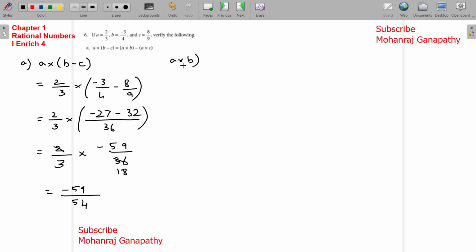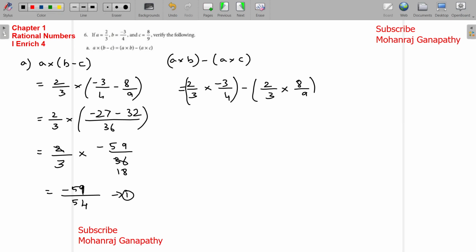A into B minus A into C. Consider this as 1. A into B, 2 by 3 into minus 3 by 4, minus 2 by 3 into 8 by 9. 2 2s are 4, 3.